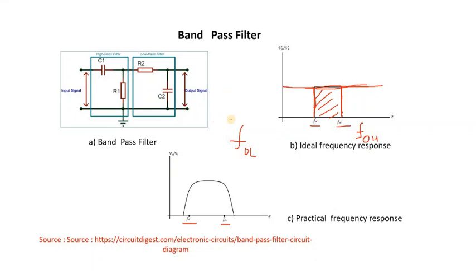So this is your band pass filter. Using this mechanism, what are we actually achieving? We are achieving that a particular band of frequencies is allowed to pass through your filter.